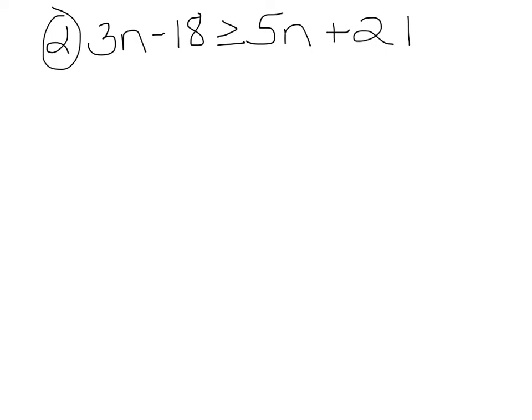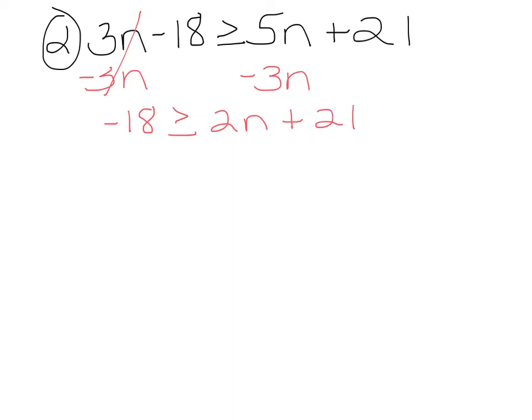We have variables on both sides here, so I'm going to subtract 3n from both sides. Could have done a couple other ways as well. This leaves me with negative 18 is greater than or equal to 2n plus 21. I'm going to subtract 21 from both sides, which gives me negative 39 is greater than or equal to 2n.